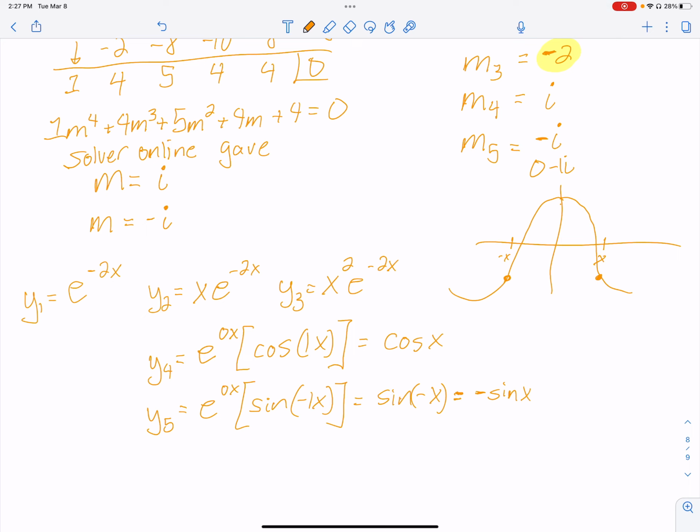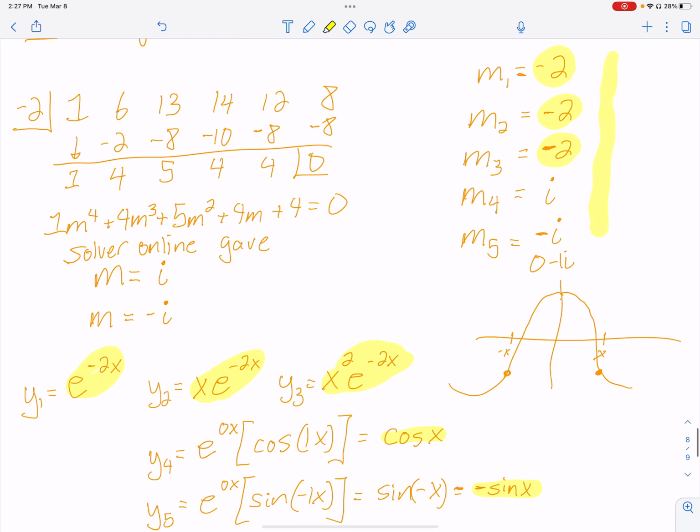My trig is pretty fresh, so I do remember that. So now I have cosine x, and negative sine x. Those were all coming from the zeros of our characteristic equation here. We get the first 3 across the top from the repeated roots, all the -2s, and then we get the 2 below, this thing and that thing, came from our i's.